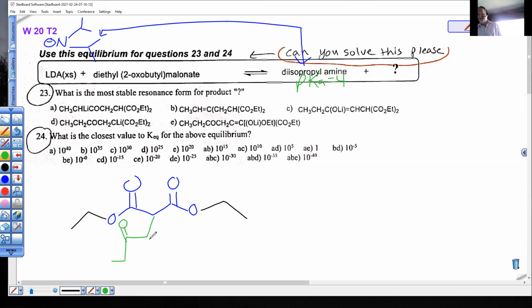We have another 20 here, alpha to a ketone, and more importantly, we have a 10 alpha to 2 carbonyls. I hope you're getting the idea that being alpha to 2 carbonyls is a very important molecule on this test, because it's the third time I think we've seen it in today's review sessions.